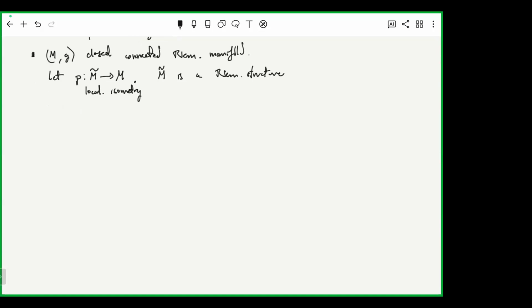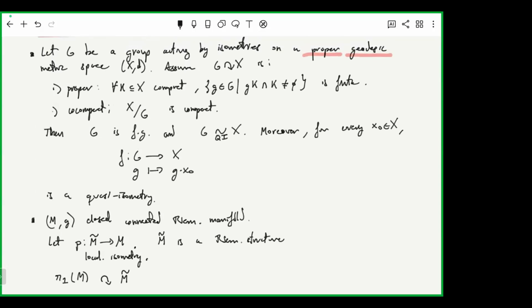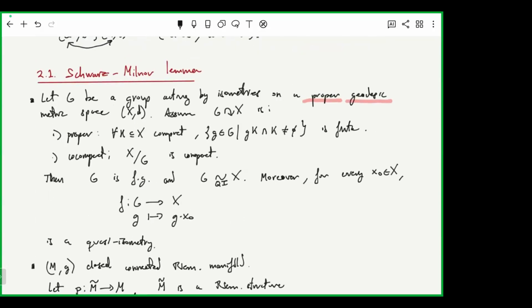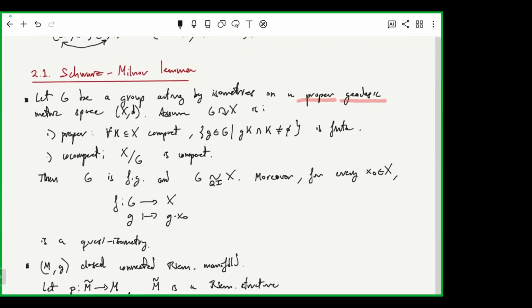By covering map theory in algebraic topology, we have a deck transformation action on the universal cover. It turns out that this action falls into the hypothesis of the Schwarz-Milnor lemma.